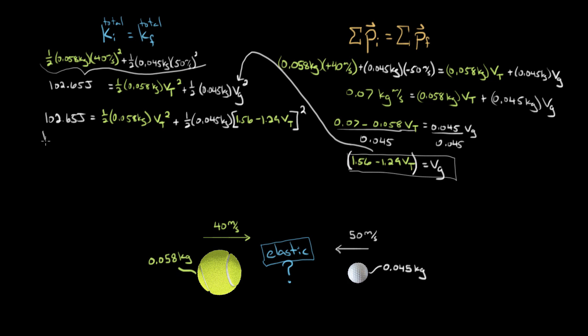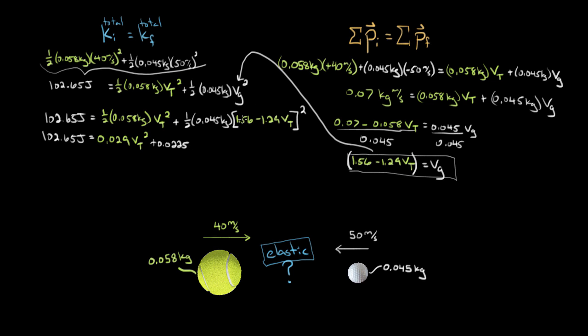So if I do the math, I'm going to have 102.65 joules equals, if I take 0.058 divided by 2, I'm going to get 0.029 VT squared. I'm going to leave off the units, things are going to get messy. And then if I take 0.045 divided by 2, I'll get 0.0225. And now I've got to square this quantity.